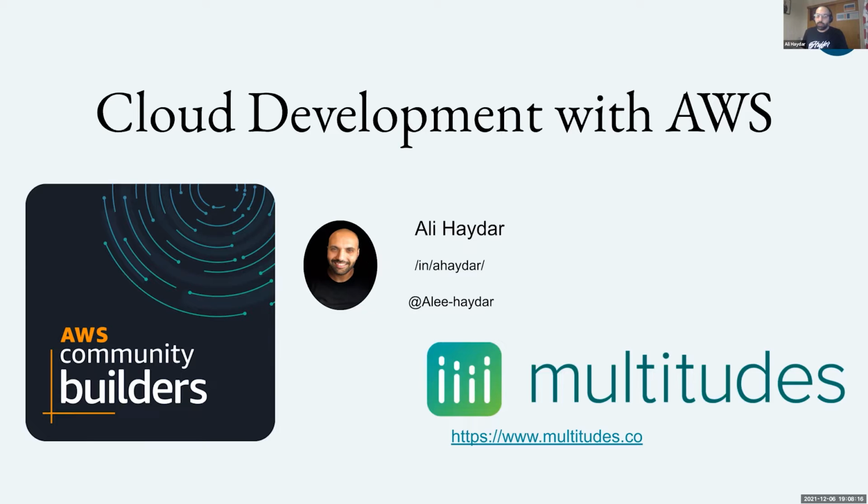I work with a company called Multitudes, which has a great mission to enable happy and high-performing teams that are focusing on equity, diversity, and inclusion. Multitudes is an app that provides insights and recommendations based on data from tools such as GitHub.